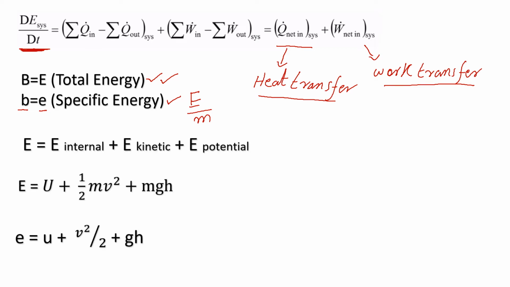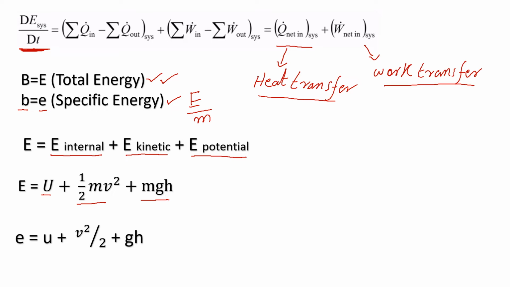My total energy will be equal to the internal energy of the system, and by system I mean fluid, plus the kinetic energy of the system and the potential energy of the system. These three energies comprise my total energy of the system.